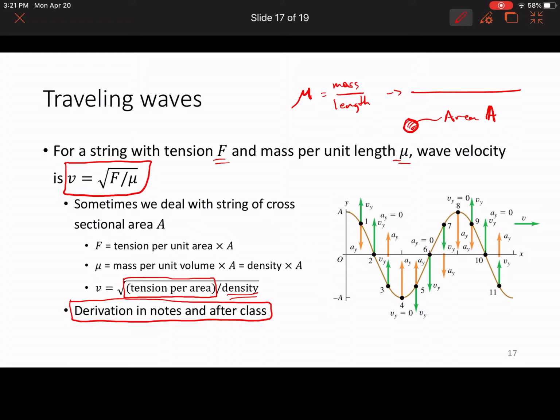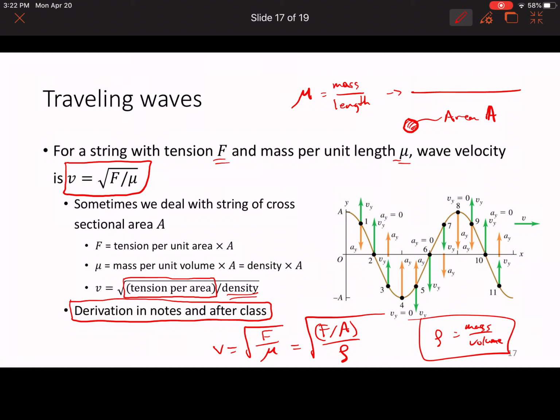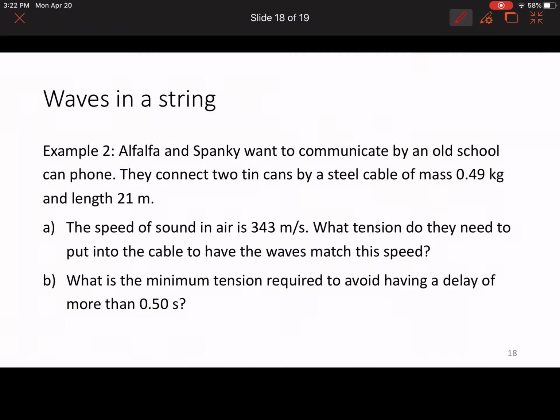So v is equal to the square root of tension divided by mu, or equivalently the square root of tension divided by A over rho, where rho is the mass per unit volume. These are equivalent expressions, but sometimes you might need to use one and sometimes the other.